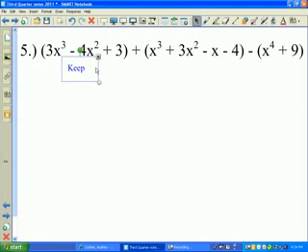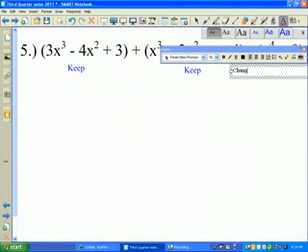So I'm going to keep that section, and I'm going to keep this section because we're dealing with addition. The only time that you're doing keep, change, change is when you're dealing with subtraction. So in this case, I'm actually going to make a change.